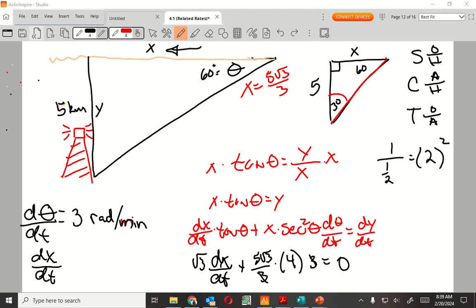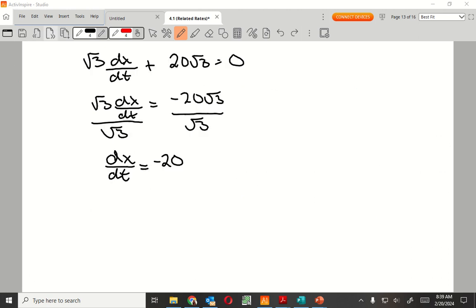My x and y are in kilometers, so that gives me kilometers per minute.